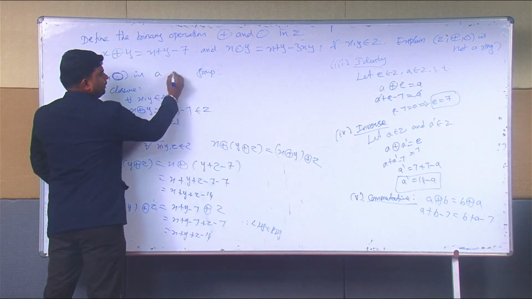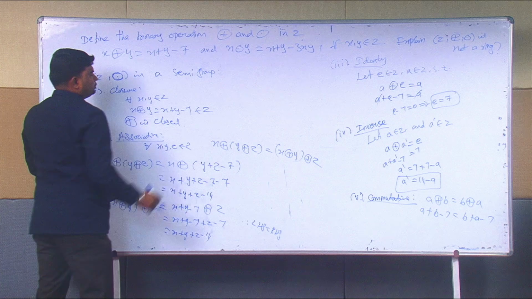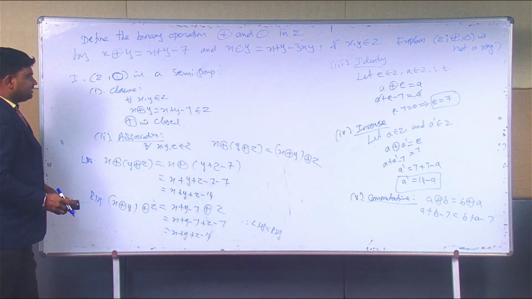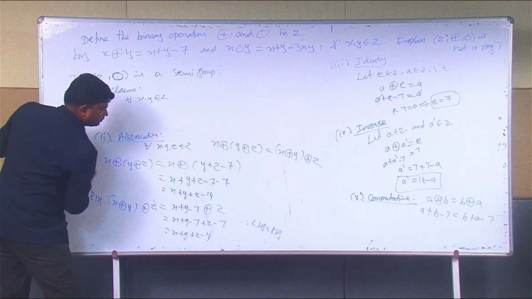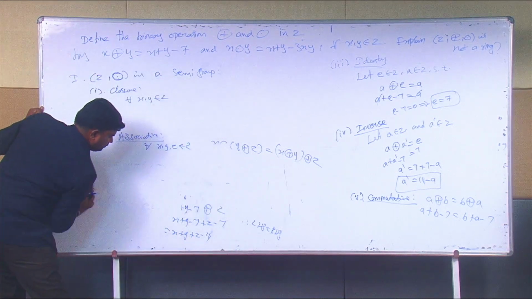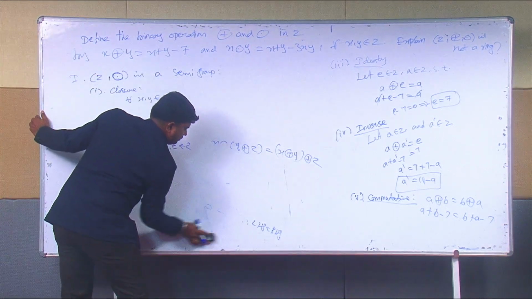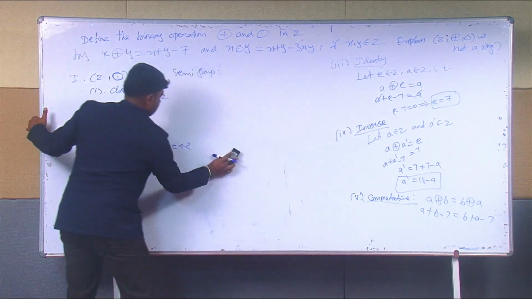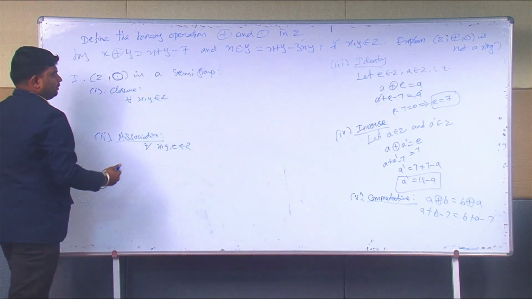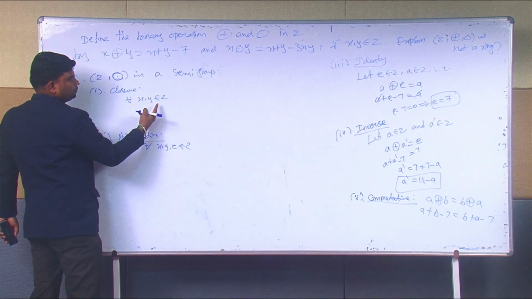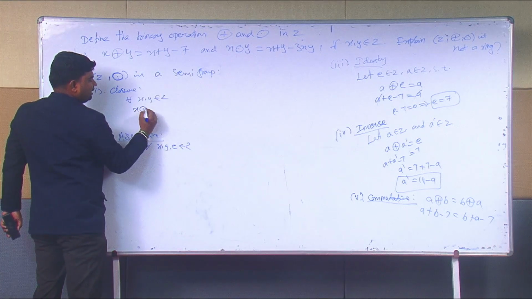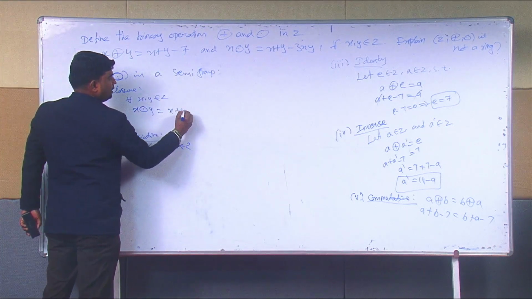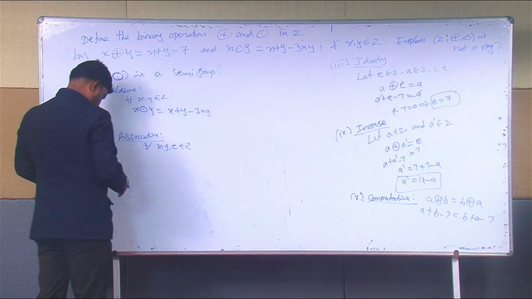Multiplication modulo is a semi-group. A semi-group contains two axioms, closure and associative. Closure means for any elements x, y belongs to Z, by the multiplication modulo condition, x multiplication modulo y is equal to x plus y minus 3xy.